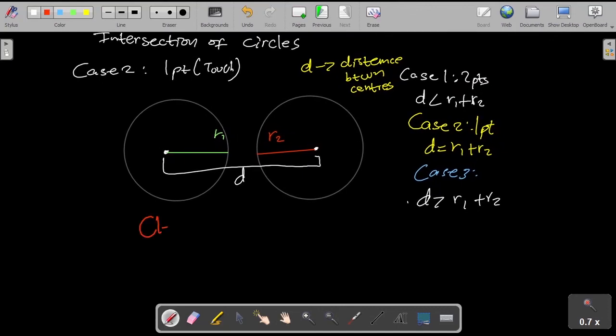So when we talk about the clearance between circles, let me write it properly.